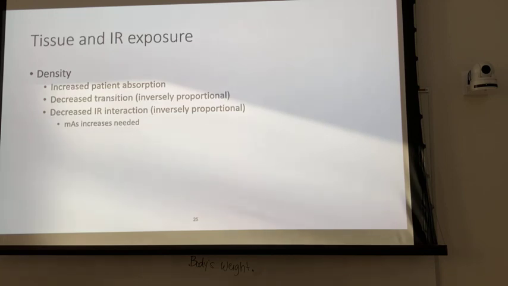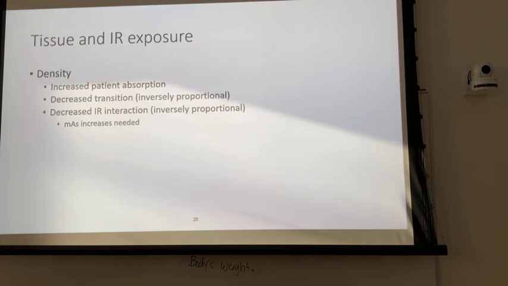The difference between thickness and density is that where we have an increase in thickness, the thickness being soft tissue primarily, if we have an increase in density, then the same holds true in that we decrease transmission, inversely proportional, and image receptor interaction the same.